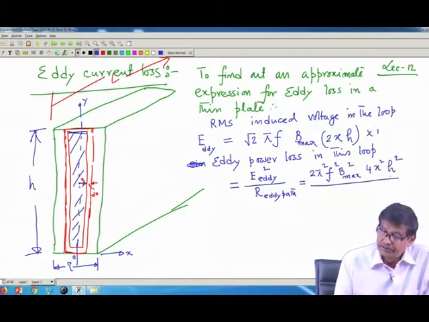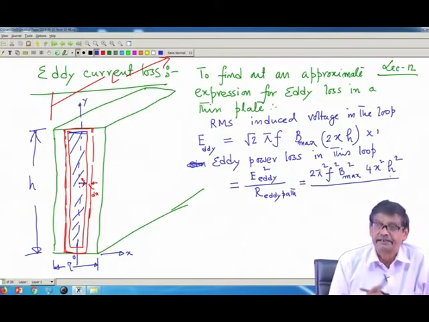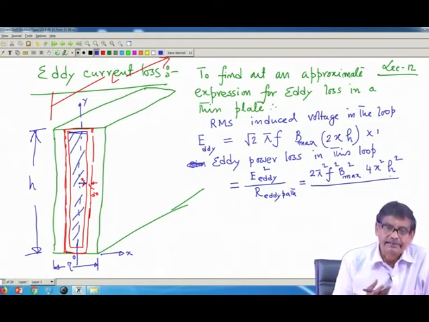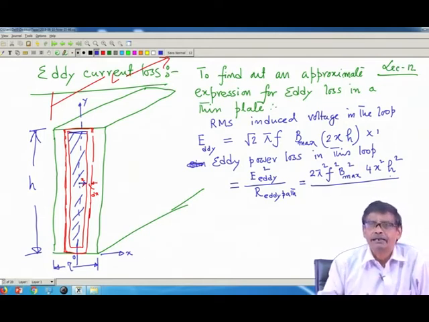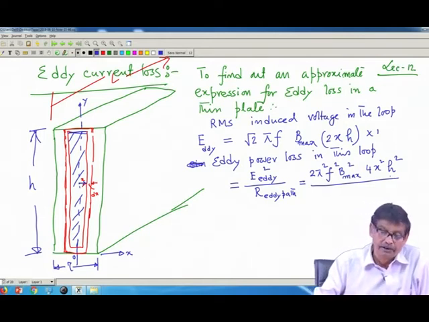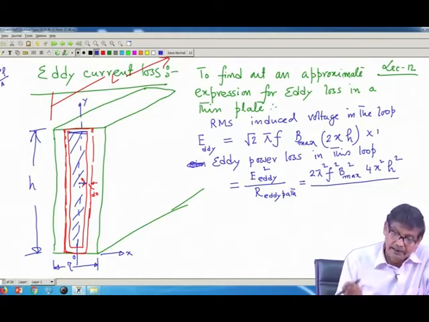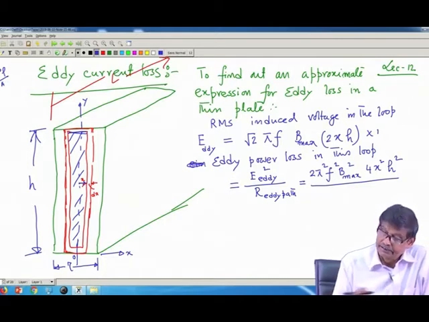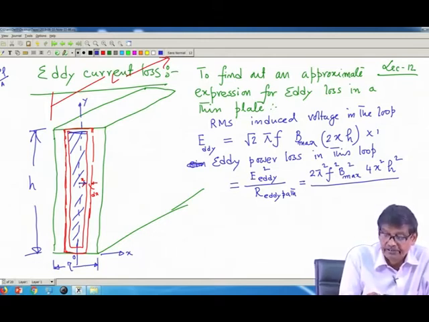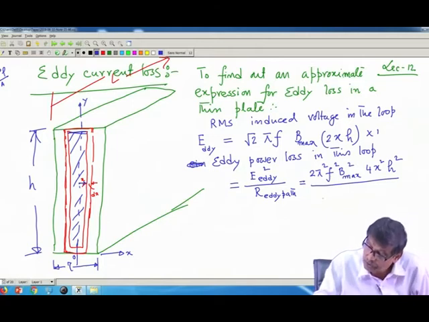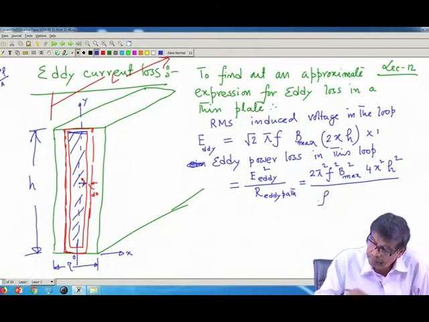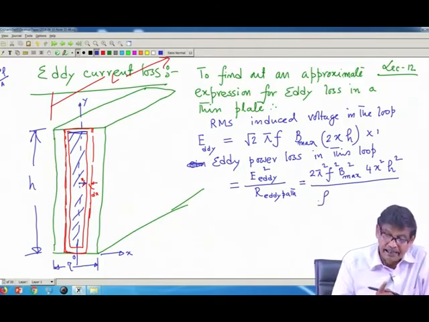Now, the question is, what will be this resistance? So, for the resistance of a path, I will apply the basic formula rho L by A. Now, what is rho? Rho is the resistivity of this core material. What is L?